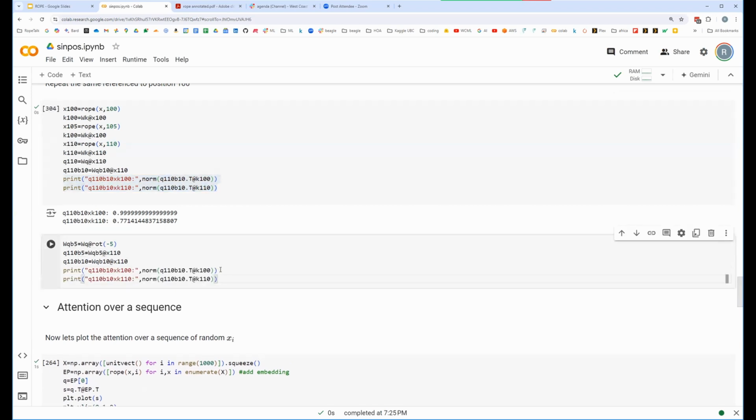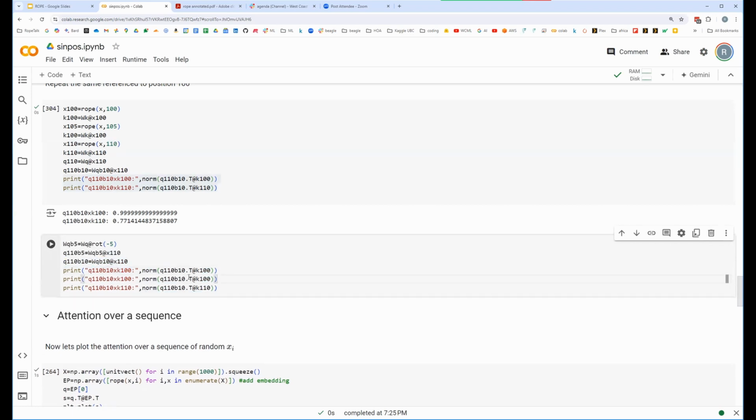So that's good because we ultimately want our LLMs to be able to calculate the word before me, the word 2 before me, 3 before me, 10 before me.